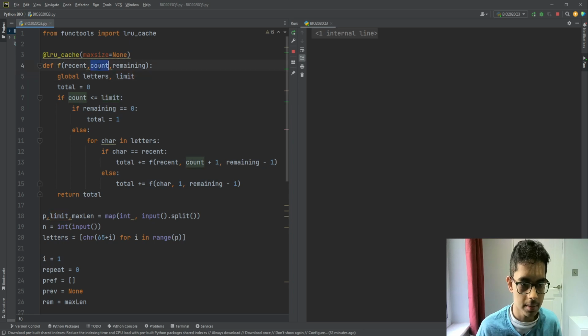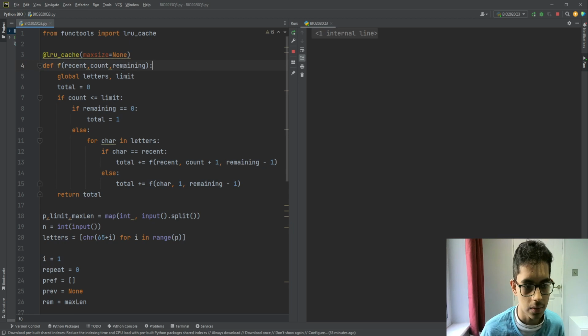I also pass the parameter count to this function, which determines the count of the letters currently inside the string being passed to the function. The reason is that once the count equals the limit, we've finished all the characters we have left.